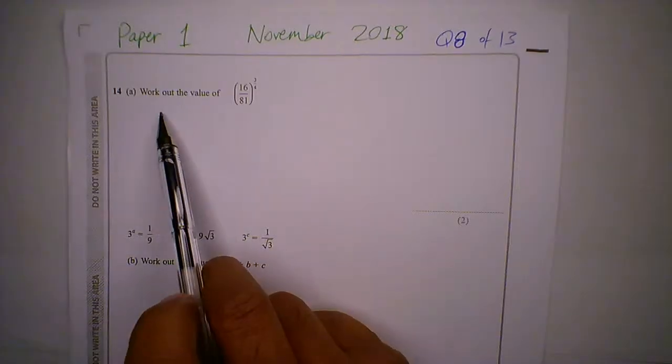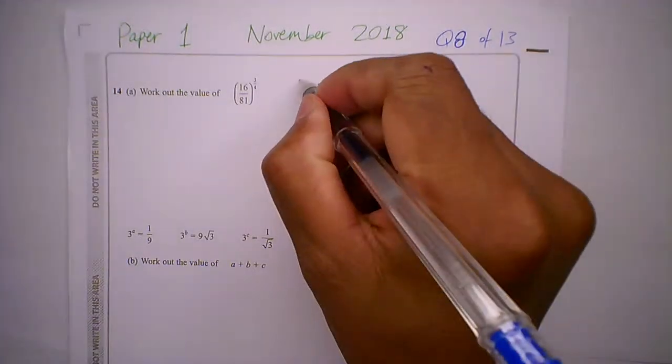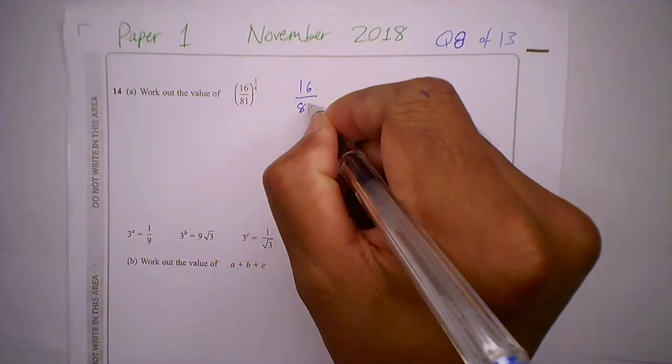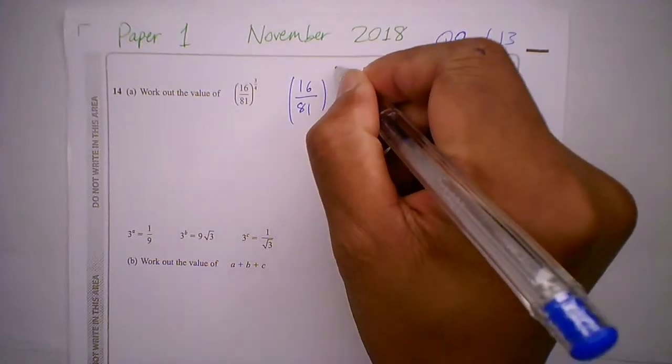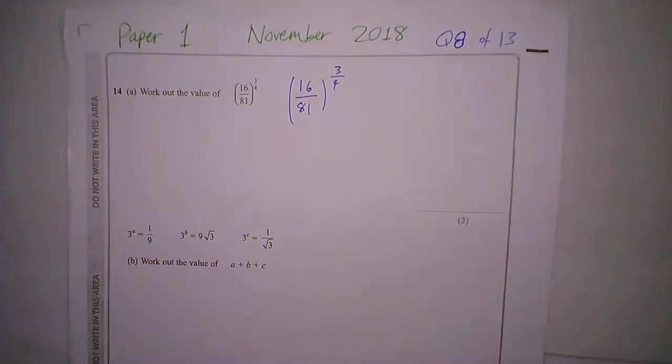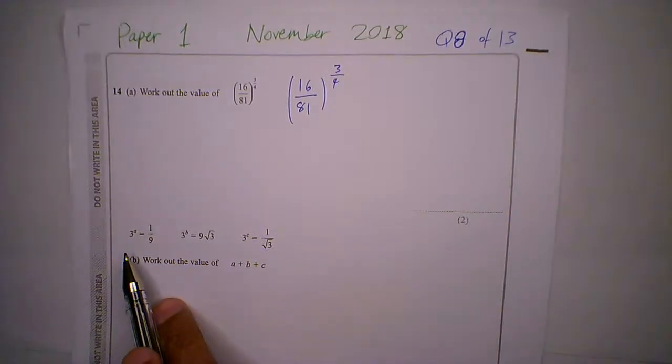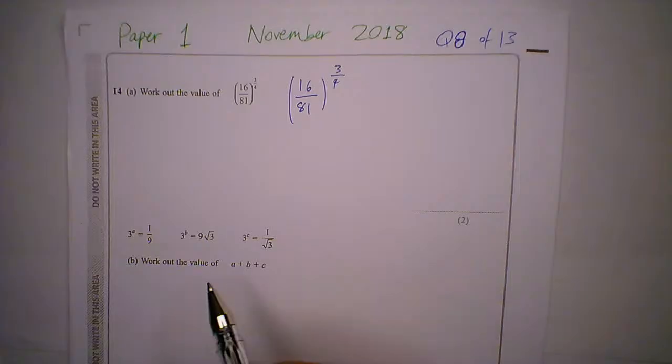The question says, work out the value of (16 over 81) to the power 3 over 4. And then this one says 3 to the power a equals 1 over 9.